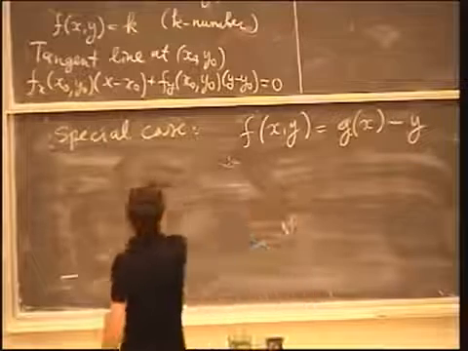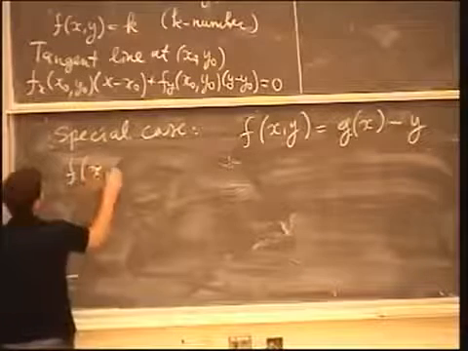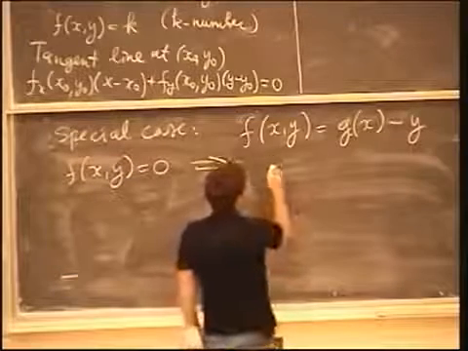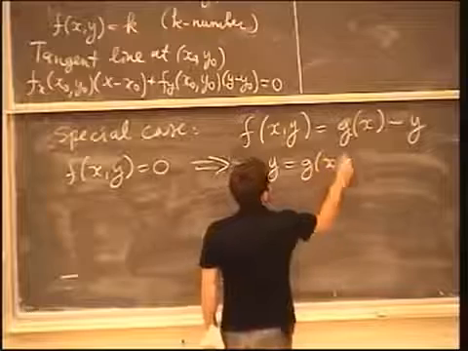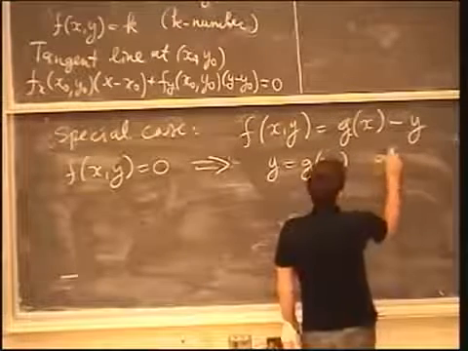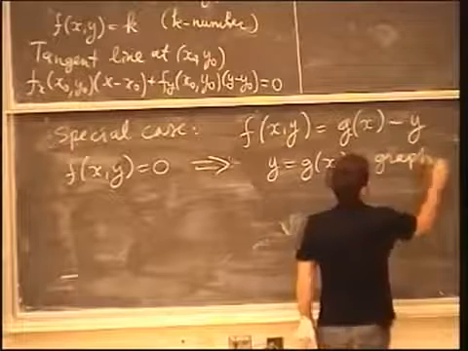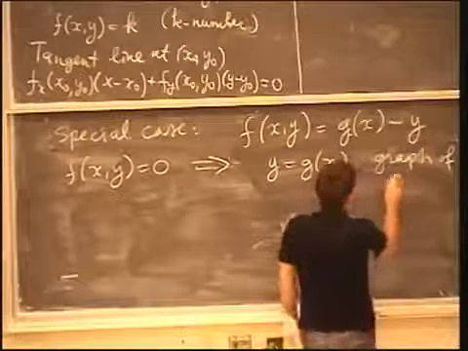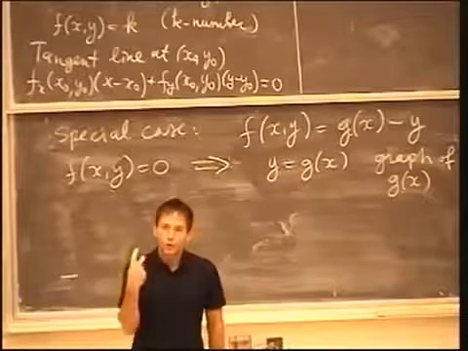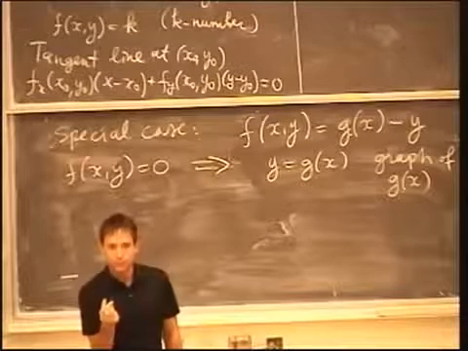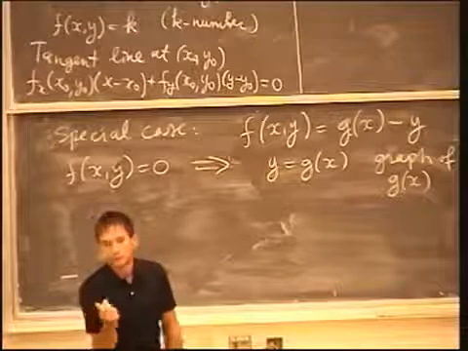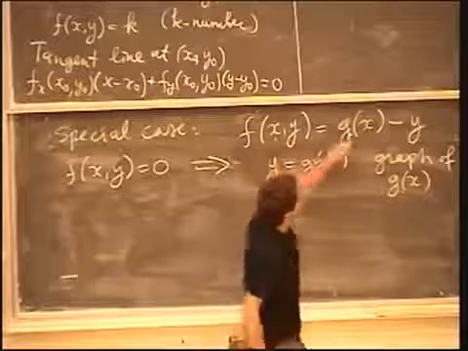In this case, the equation f of x, y equals 0 means y equals g of x, right? And this is a graph of the function g of x. So a level curve for a function of 2 variables can become the graph of a function in 1 variable when this function in 2 variables has this special form.